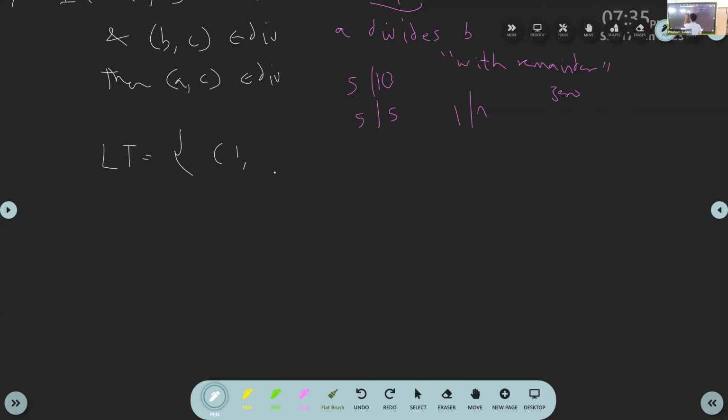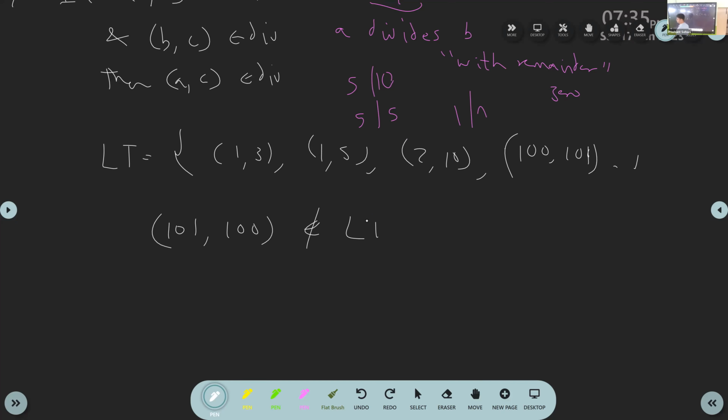So (1, 3) is an element, (1, 5) is an element, (2, 10) is an element, (100, 101) is an element. But (101, 100) is not an element. The first element has to be smaller than the second.